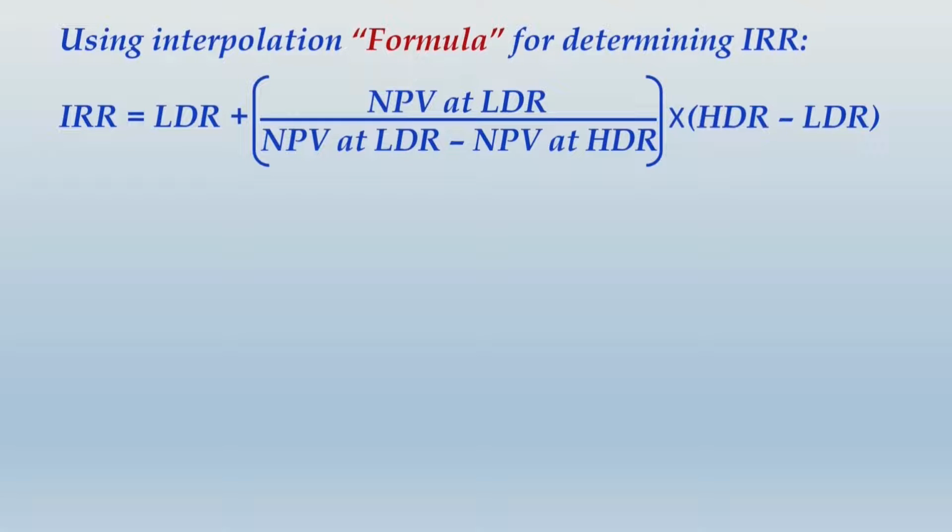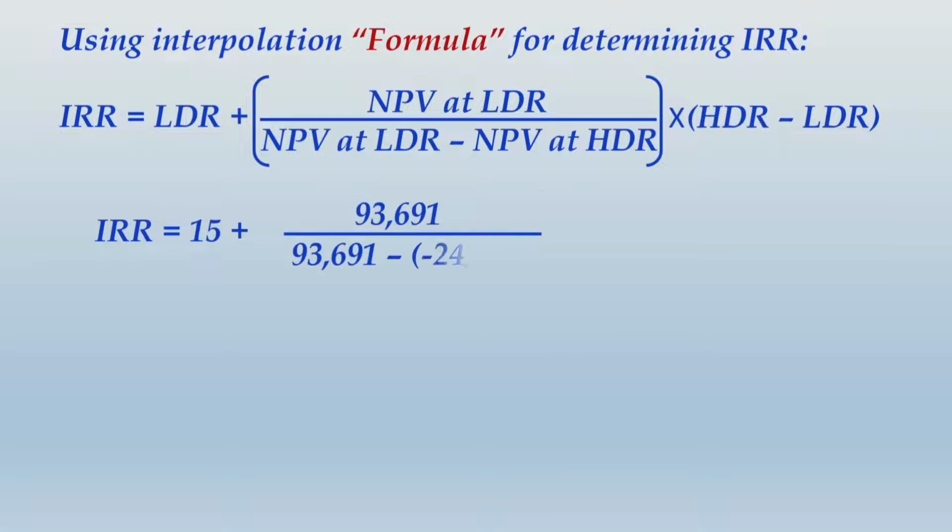However, if you are anyway applying this, LDR stands for lower discounting rate, which in our example is 15%. HDR stands for higher discounting rate, which in our example is 18%. And NPV stands for net present value. IRR stands for internal rate of return. So let us substitute the values over here. LDR will be 15.